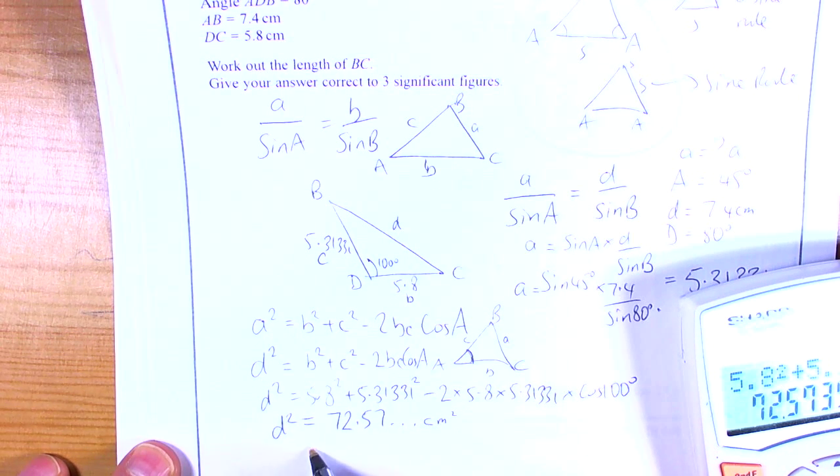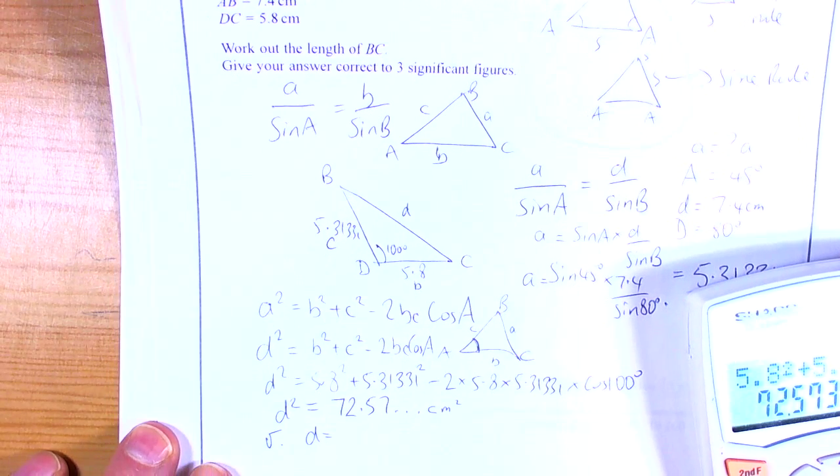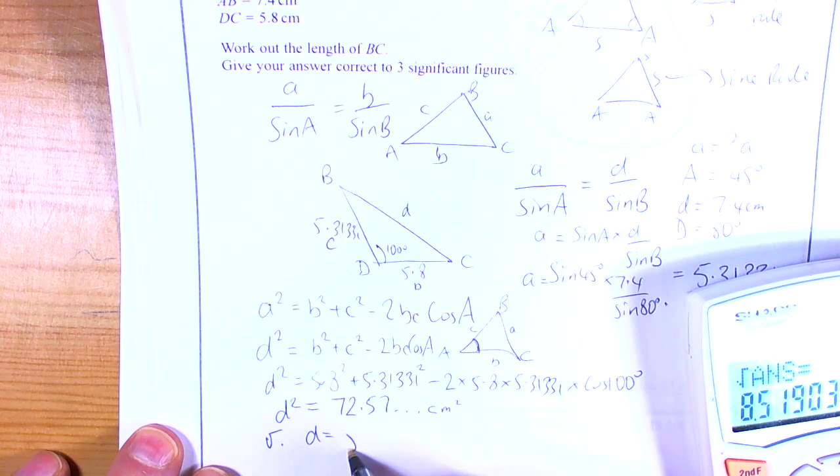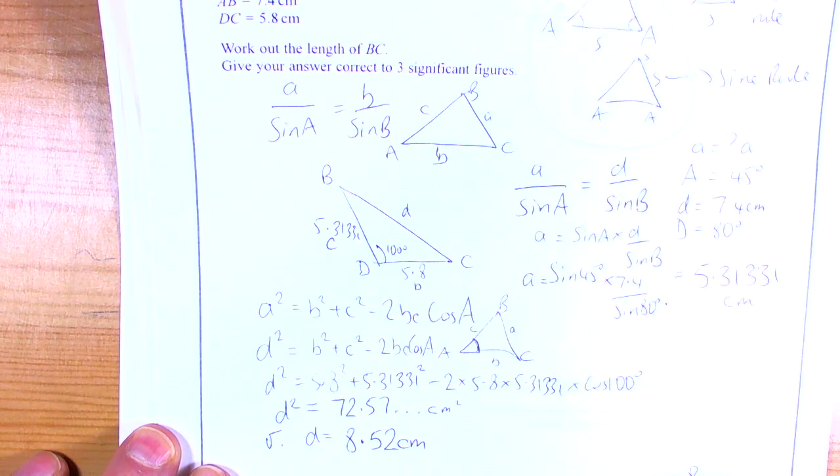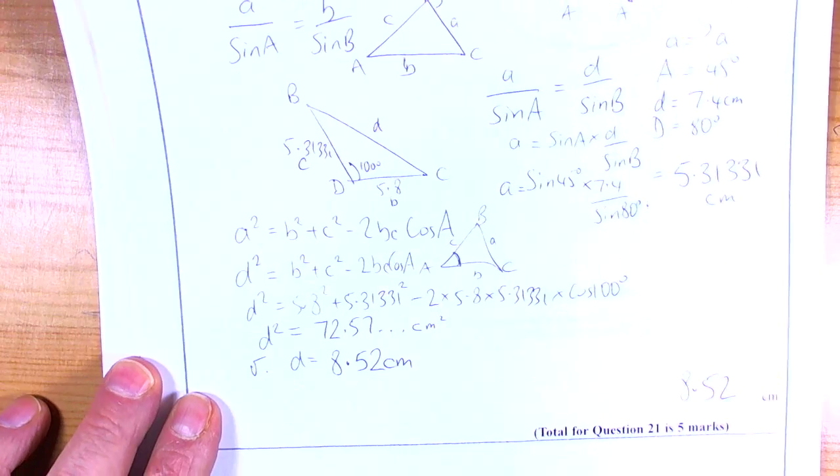We want d, so that's going to be the square root of that. So we square root both sides. Square root equals 8 point, and because the question wants 3 significant figures, 8.52 centimetres. So the answer here then is going to be 8.52 centimetres. So that's going to be our final answer for the question.